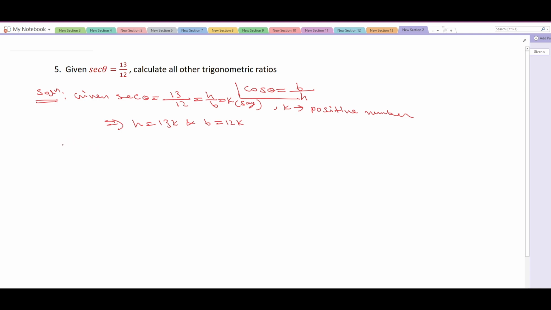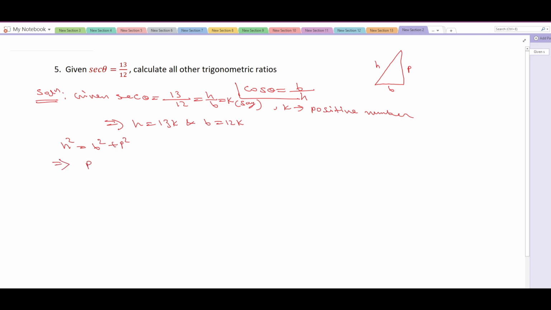From Pythagoras theorem we have H square equal to B square plus P square. So H square equal to B square plus P square.